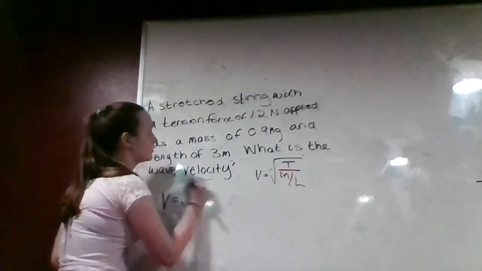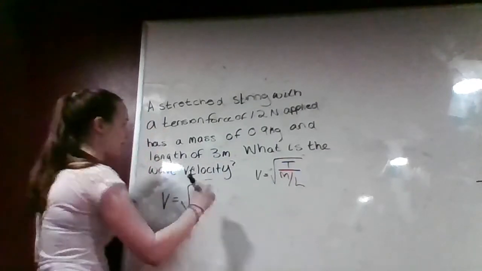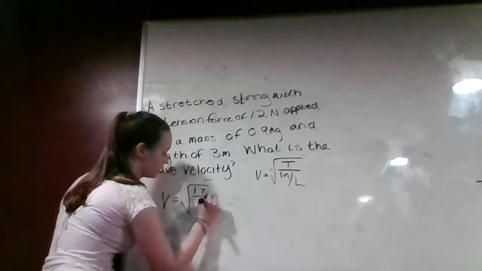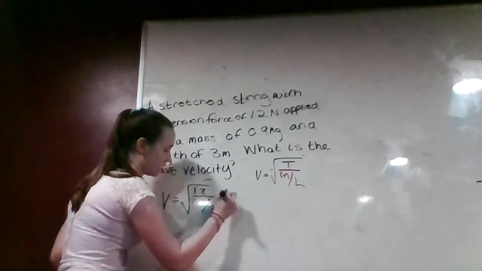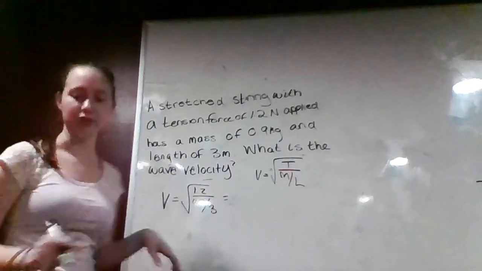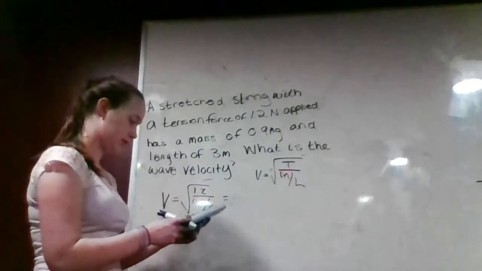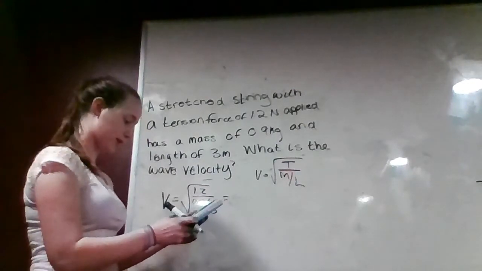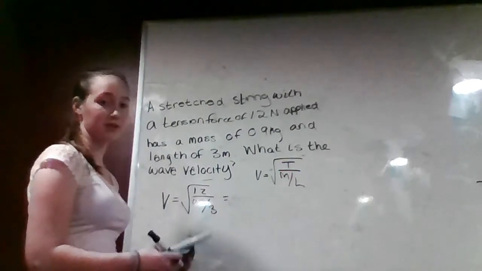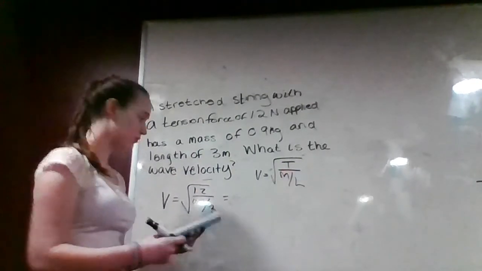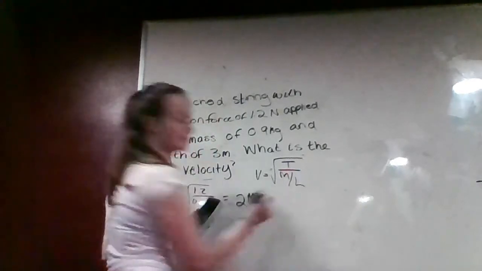V equals the square root of the force, 1.2, over the mass, 0.9, divided by the length, which is 3. This should come out to, with a quick calculation, the square root of 1.2 divided by 0.9 divided by 3. Make sure you plug everything into your calculator with all your parentheses. And you should get 2 meters per second.